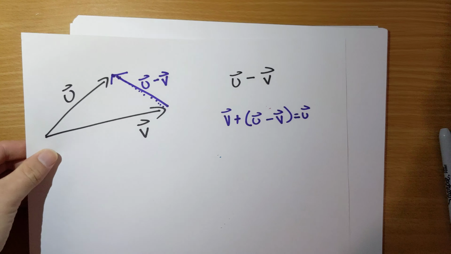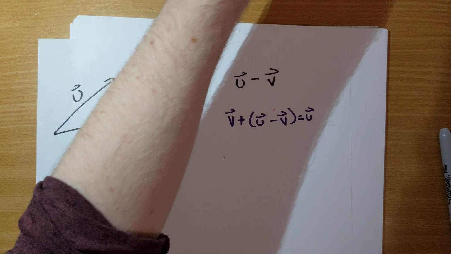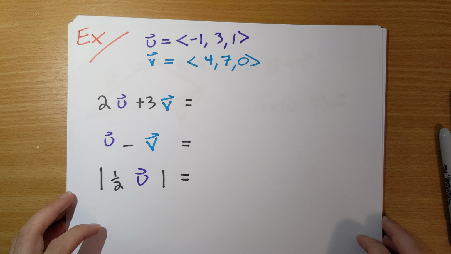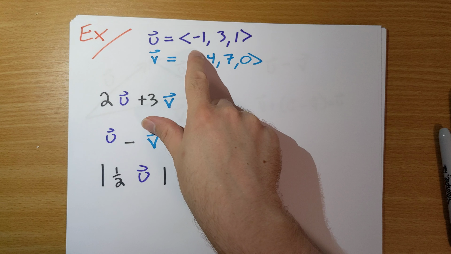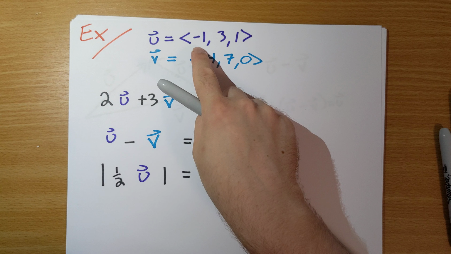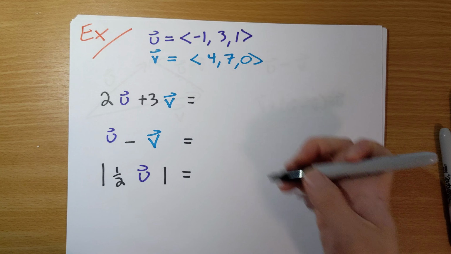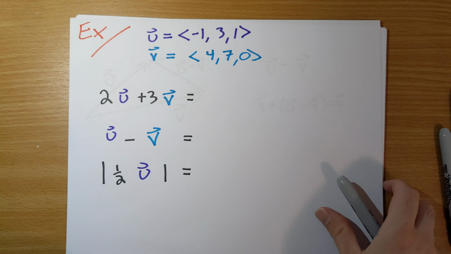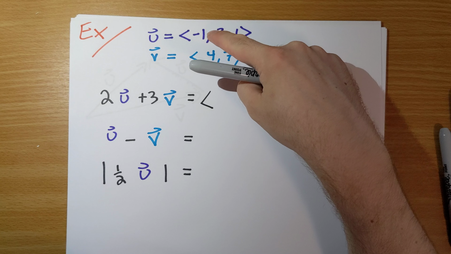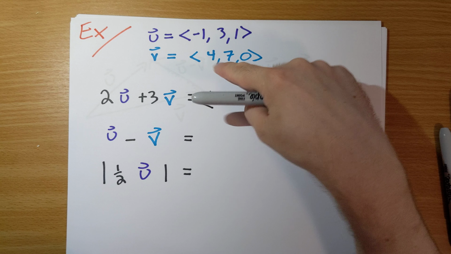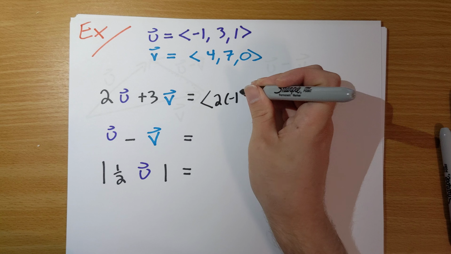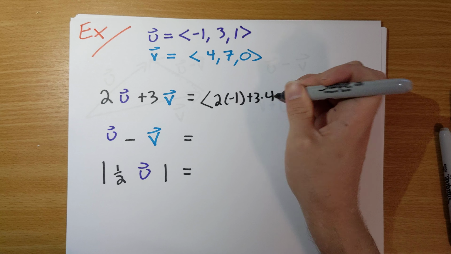Let's do some calculations. Here is this slide here. So let's just quickly bang out some of these calculations. Okay, if u is (-1, 3, 1) and v is (4, 7, 0), 2u plus 3v we would just construct by doing the first component as twice the first component for u plus 3 times the first component for v, so 2 times -1 plus 3 times 4.